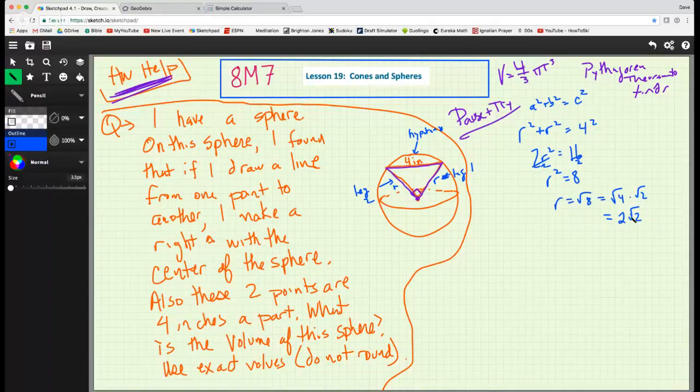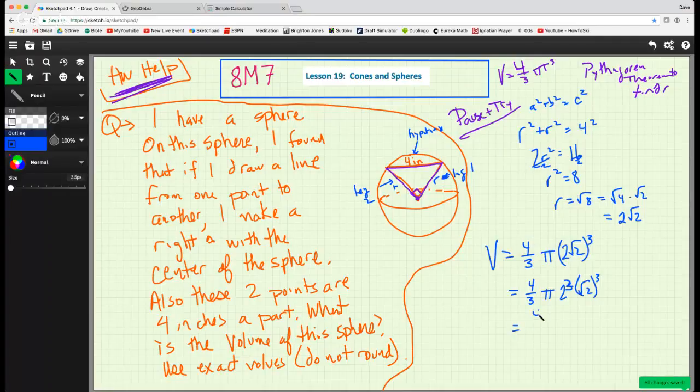So that's our r. Now we can find our volume. 4/3 pi times 2 root 2 cubed. Okay. Well, 2 root 2 cubed is the same thing as 4/3 pi times 2 cubed times the square root of 2 cubed.